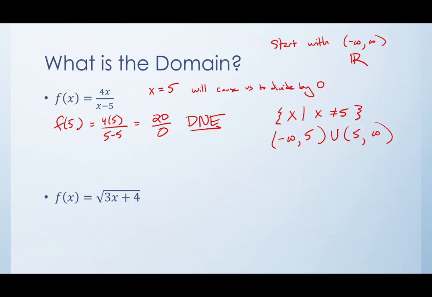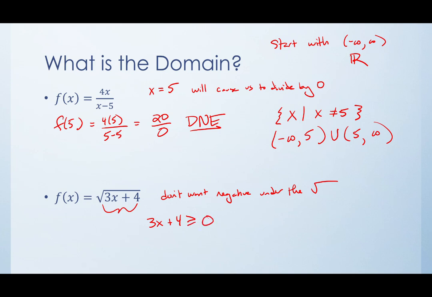Okay, so our next one, again, this is our other case. We don't want a negative under the square root. So the easiest thing to do here is to take what's under the radical and say, okay, I need 3x plus 4 to be greater than or equal to 0.